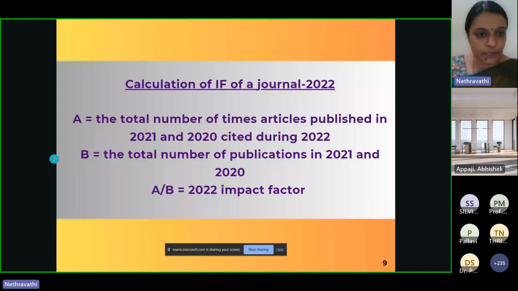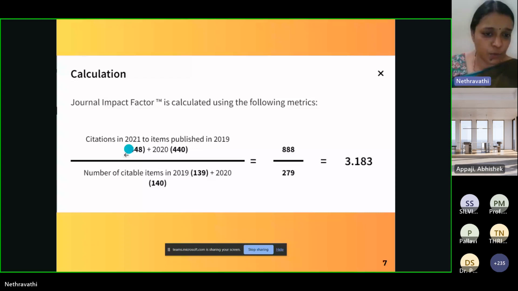So let us go back to the example. Citations in 2021 to items published in 2019 and 2020. That means the articles were published in 2019 and 2020, but as of 2021, these are the total citations received: 448 plus 440, which gives us 888, divided by the number of citable items, that is, the number of articles published by that journal in 2019 and 2020.